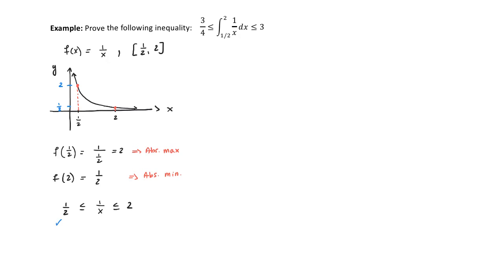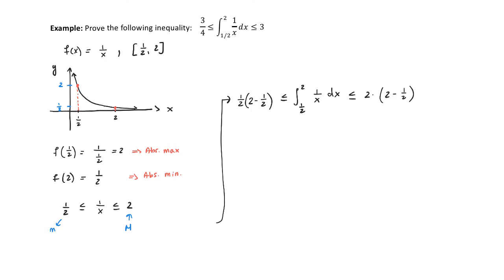In fact, 1/2 plays the role of little m, and 2 plays the role of big M. And therefore, when I find my lower bound and my upper bound, it follows that the integral from 1/2 to 2 of 1 over x dx is going to be less or equal than 2 times 2 minus 1/2, and greater or equal than 1/2 times 2 minus 1/2.